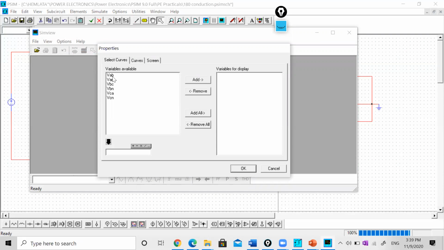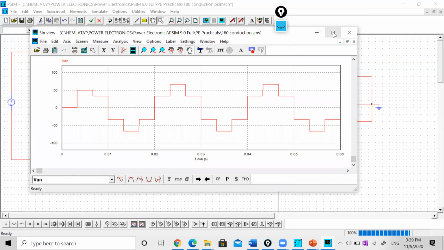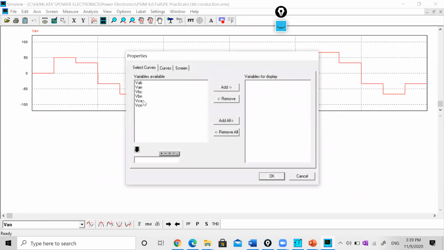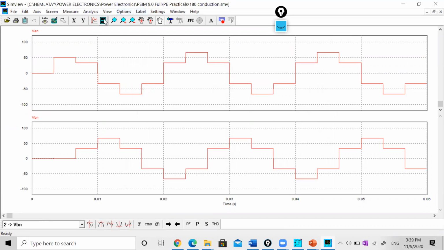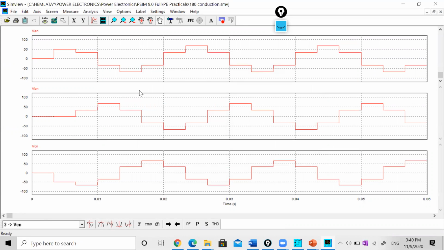So first I have to find out VAN. See, this is my phase voltage. I will add one more screen, VBN, then VCN. These are the phase voltages.